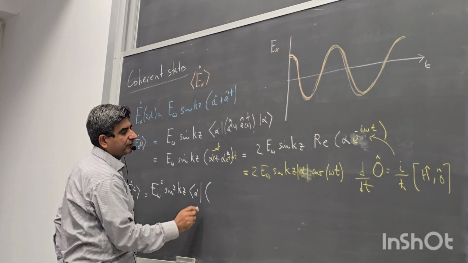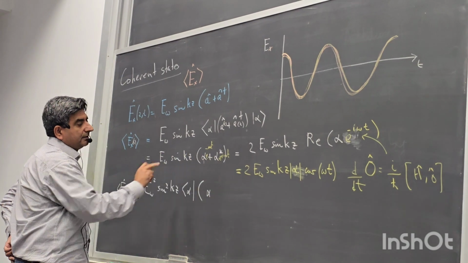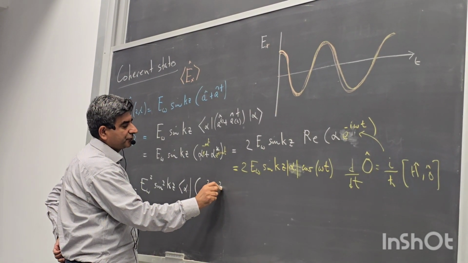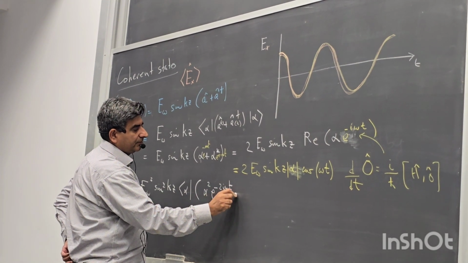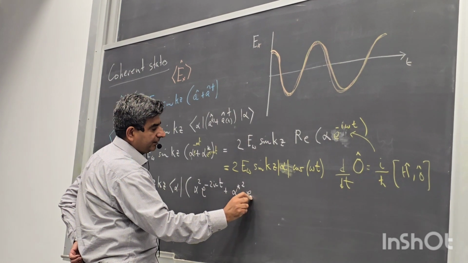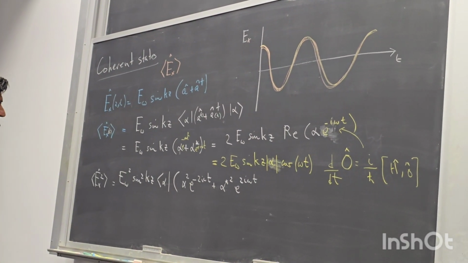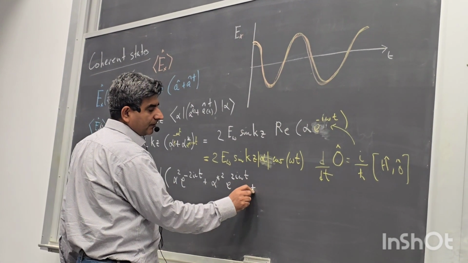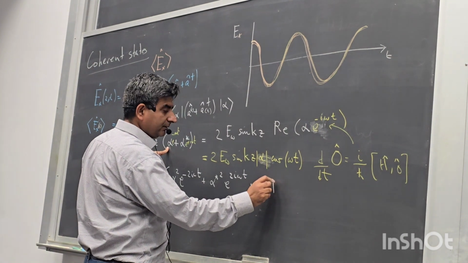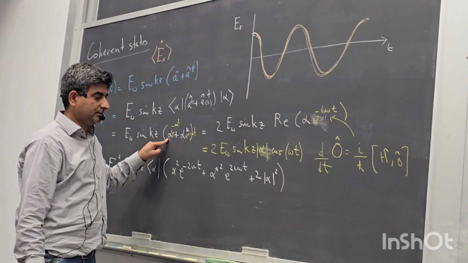So if I take the square of this, I will get alpha square e to the minus 2i omega t plus alpha star squared e to the 2i omega t plus alpha times alpha star, which is alpha mod square, times 2. Correct?